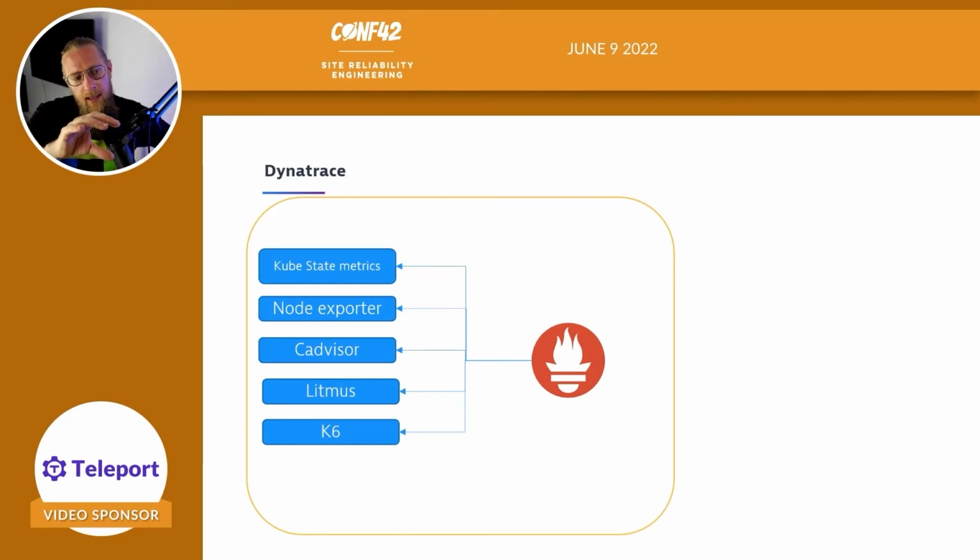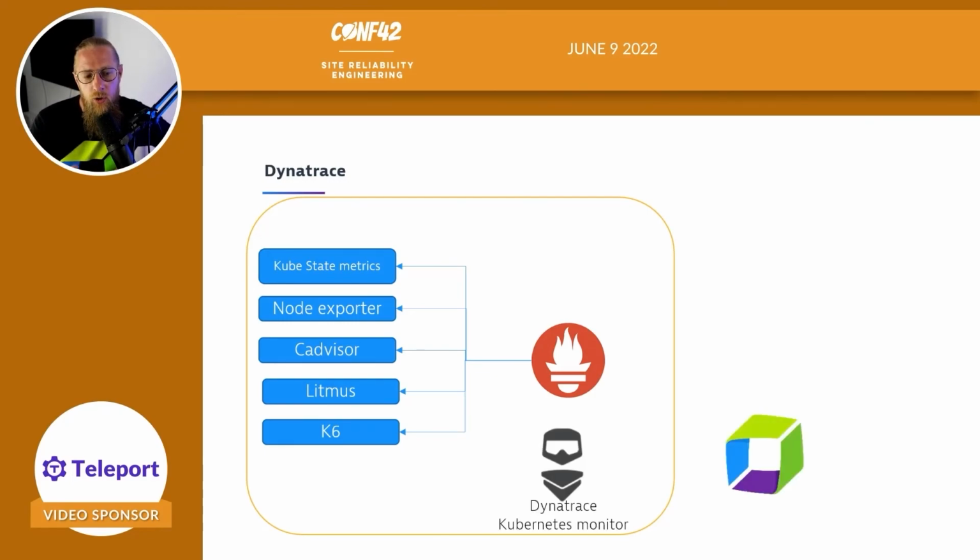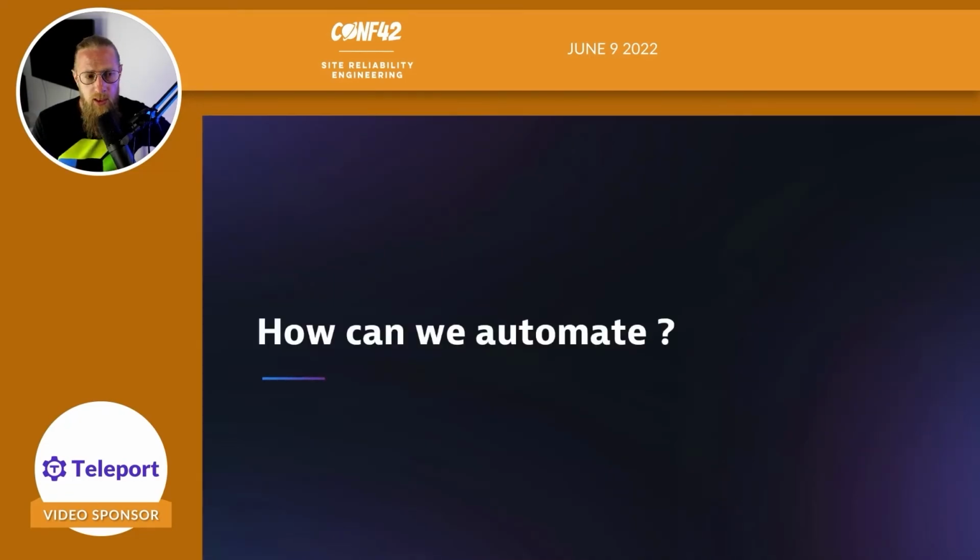And then I have an exporter for Litmus to be able to collect metrics from the Litmus perspective, and an exporter for K6 to be able to collect the metrics from the K6 perspective. And those, with Dynatrace and our components, we will be able to collect the right metrics and push them back to Dynatrace. So now you know all the tooling, and let's have a look at how we could automate this process.